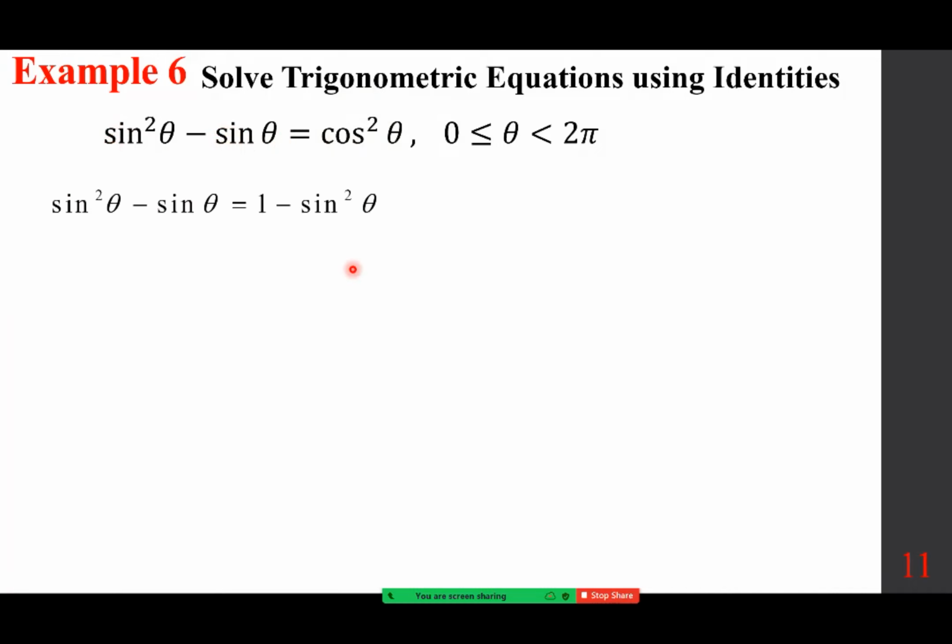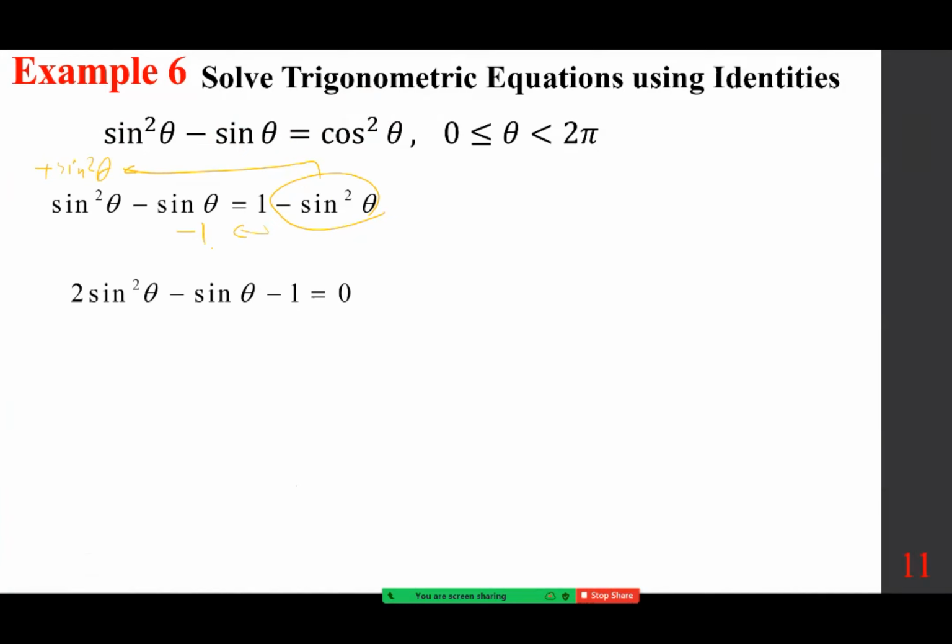And now we bring everything to the left side. This becomes a positive, and this becomes negative. So we have 2 sine squared minus sine theta minus 1. And it's the same factoring as we did before.